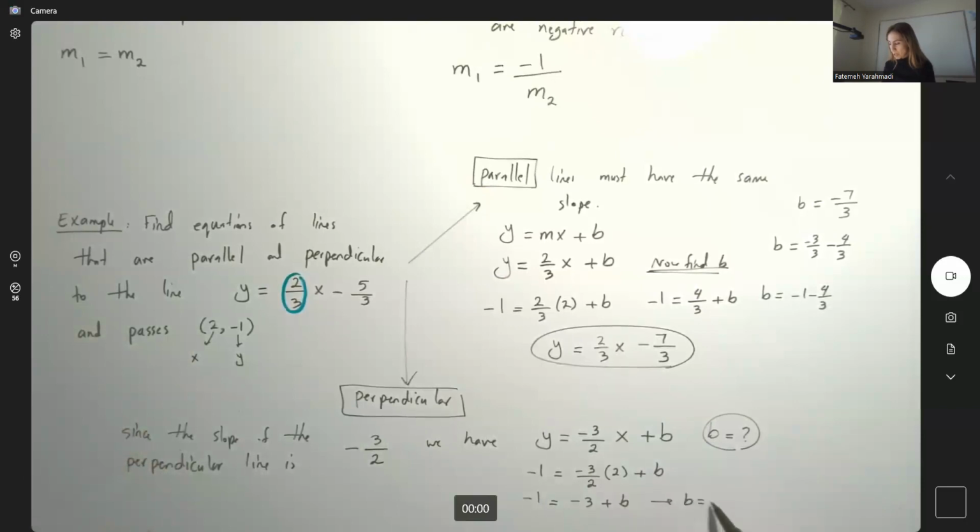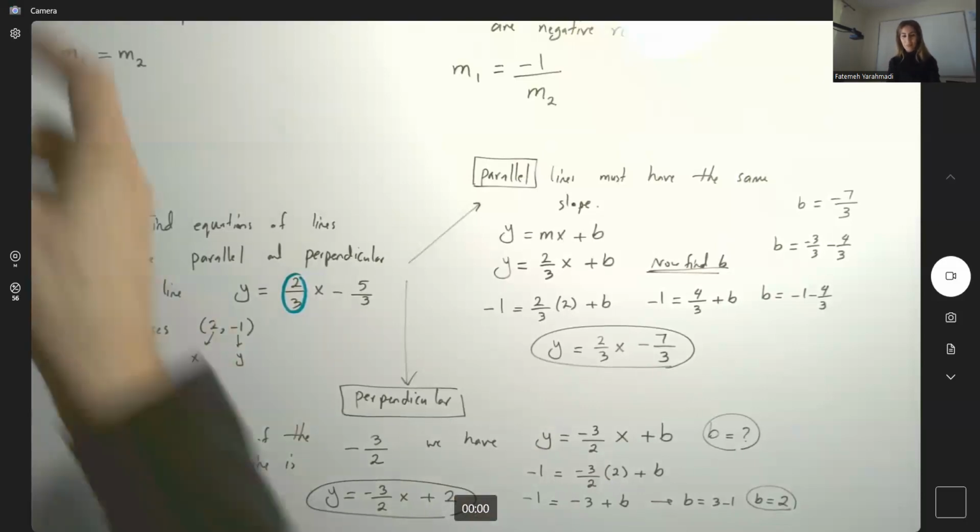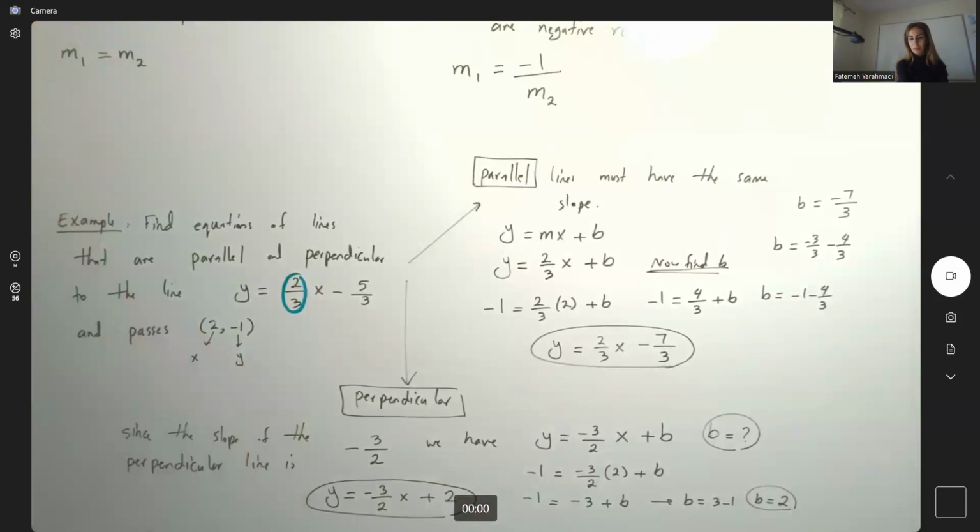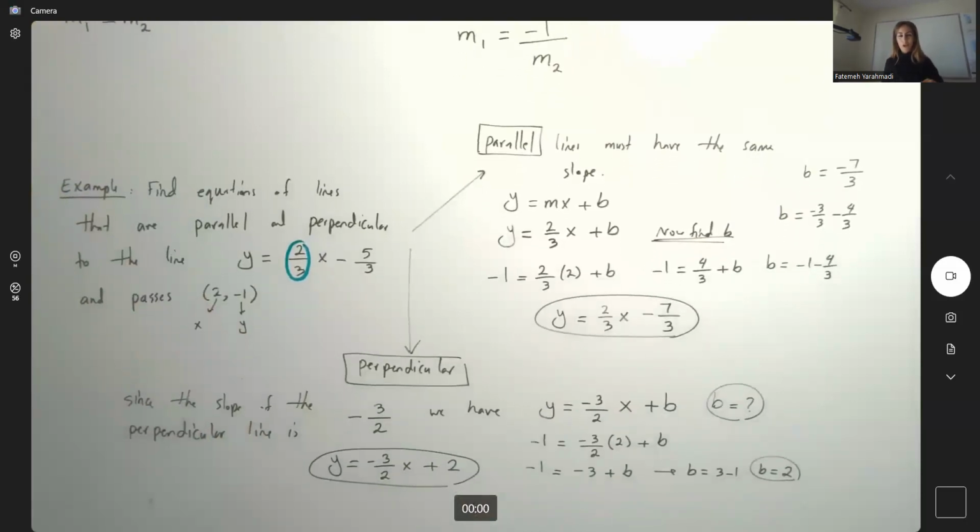So your b becomes 3 minus 1, or b is 2. Now that you have your b, you can write the equation of the perpendicular line. This is going to be y equals -3/2 x plus 2. Perpendicular lines here for you. Here, I move this up so you can see the whole board.